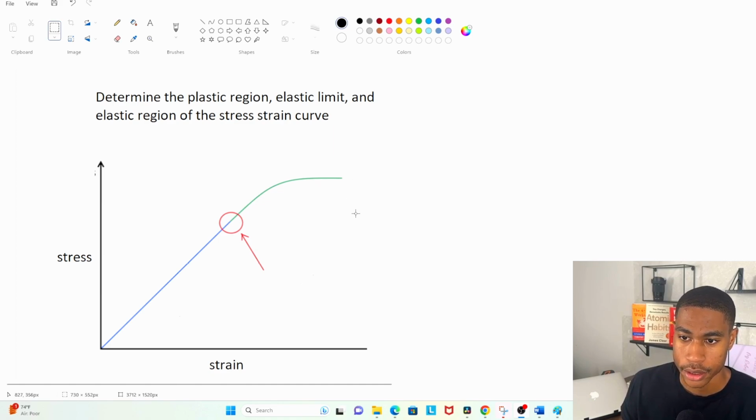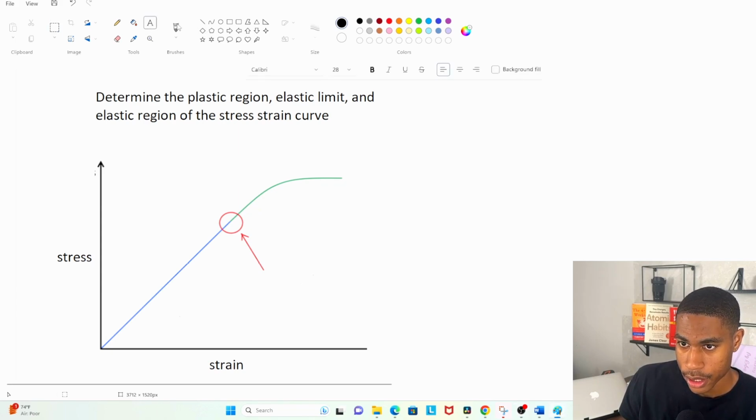From this graph, you're definitely going to be tested on this stress strain curve. So it's important that you get the concepts and understand what is happening along this graph. Which one is the plastic region?